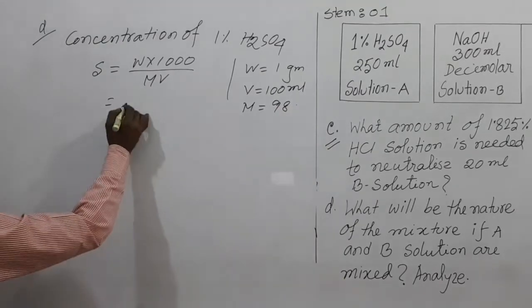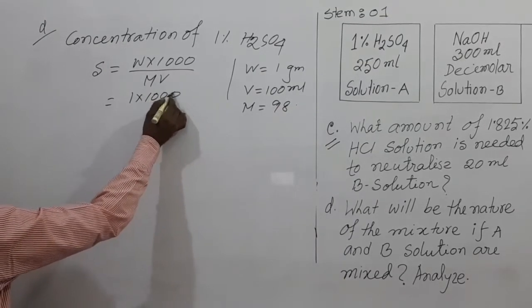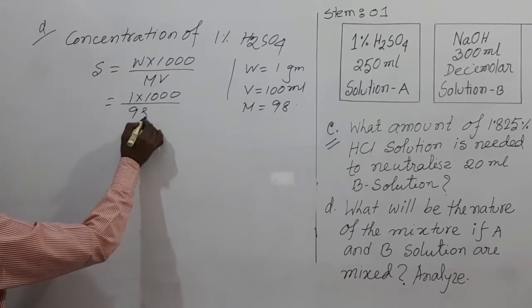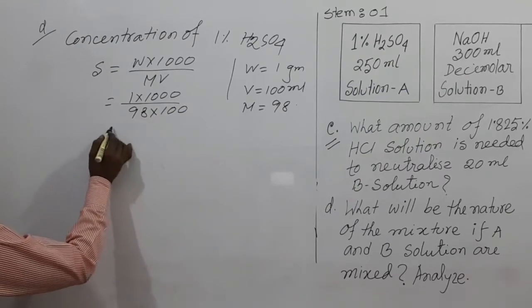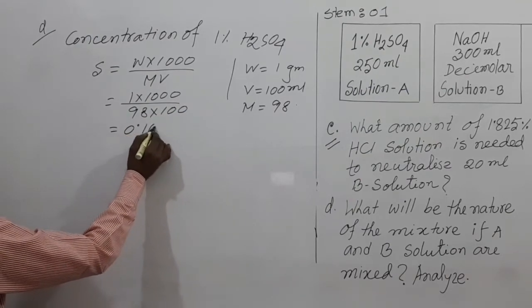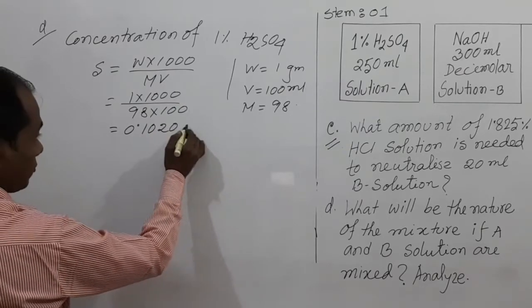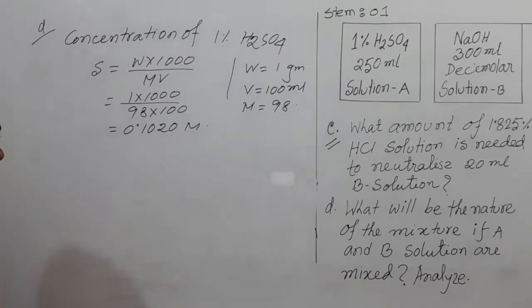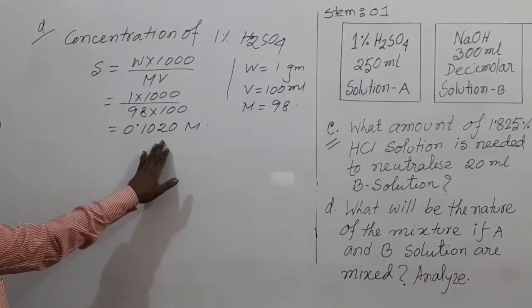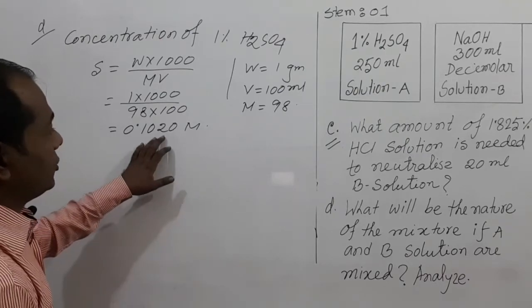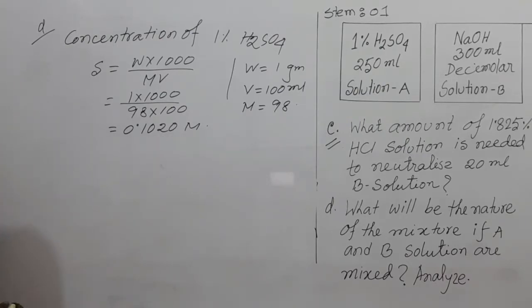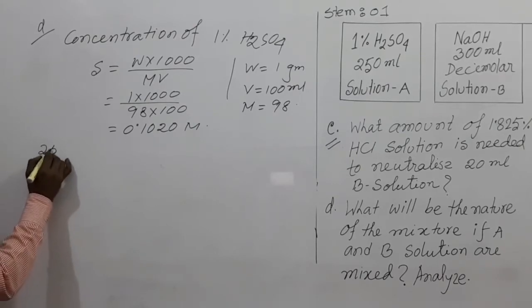So, W 1 into 1000 divided by 98 into 100, and the answer is 0.1020 molar. So the concentration of 1% sulfuric acid is 0.1020 molar.